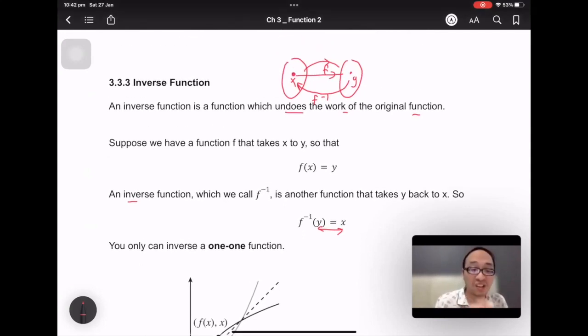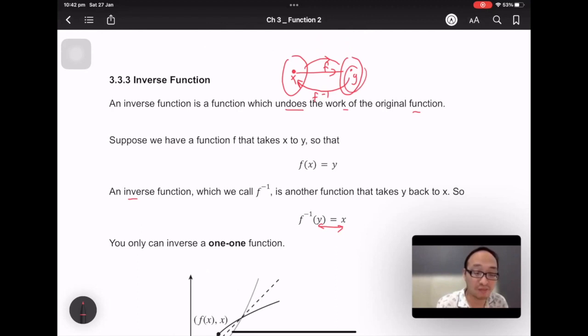Function is asking for y, from x to y. Inverse is asking for x. So this is the function, and this is the inverse, asking for what's the value of x that makes this value of y. That's inverse function.